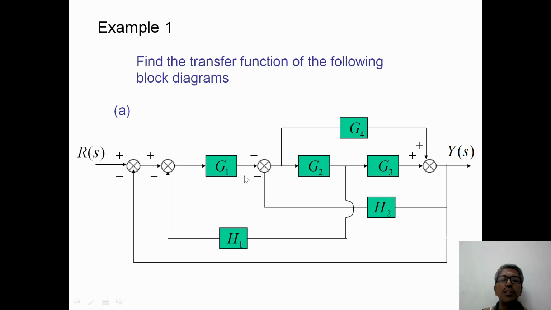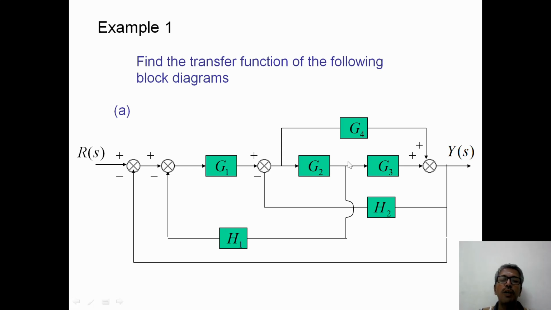In that example, the blocks are G1, G2, G3, G4, and we have two feedbacks H1 and H2. For reducing the blocks G1 and G2, there is an additional pickup point between G1 and G2.